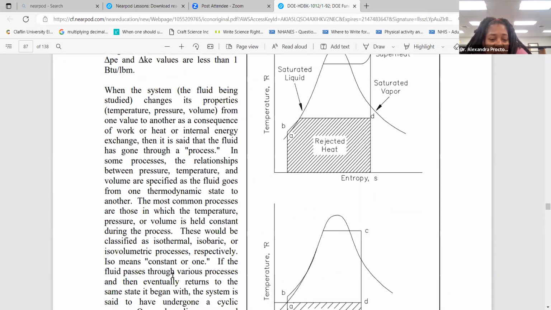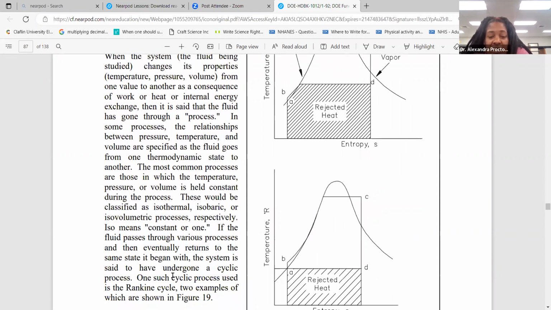The most common processes are those in which the temperature, pressure, and volume are held constant during the process. And so, like I said, when those are held constant, it makes the math just so much easier. Those are classified as isothermal, where you hold temperature constant, isobaric, where you hold pressure constant, and isovolumetric, where you hold volume constant, processes respectively.